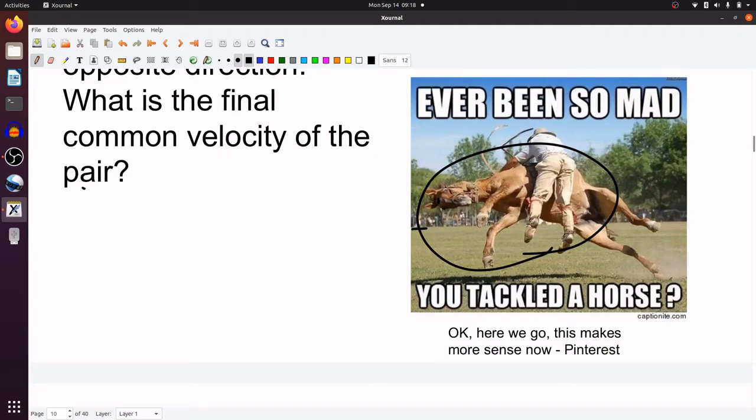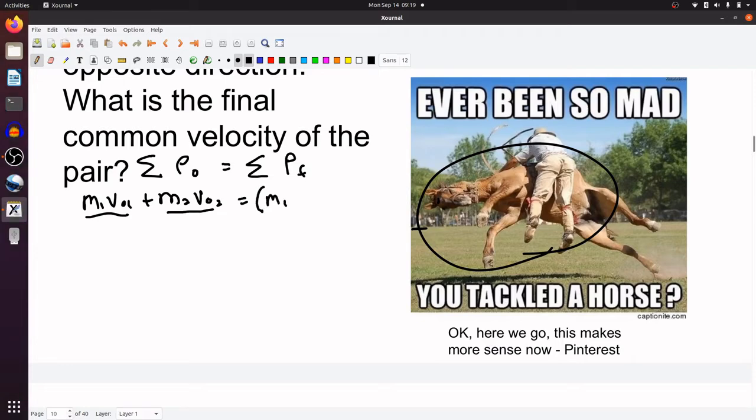And just like last time, and I'll start off like this more or less every time, the sum of all of your initial momentums is equal to the sum of all your final momentums. Or in this case, it'll be M1 V01 plus M2 V02. So the momentum of the angry man, the momentum of the horse, and here's the fun part. They stick together as one final momentum. And so it'll be M1 plus M2, all times a big VF for the common velocity.